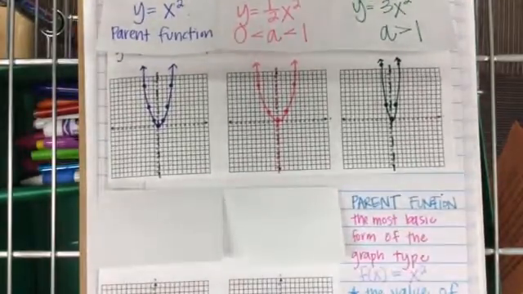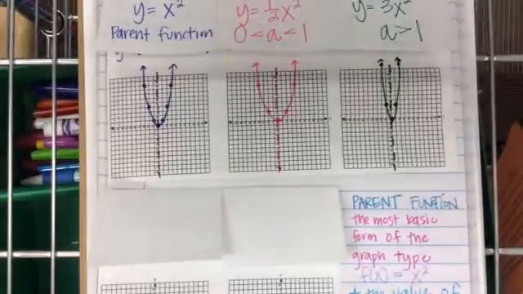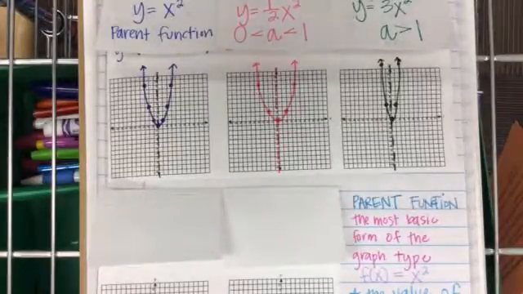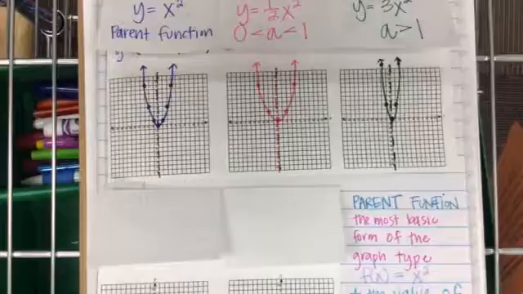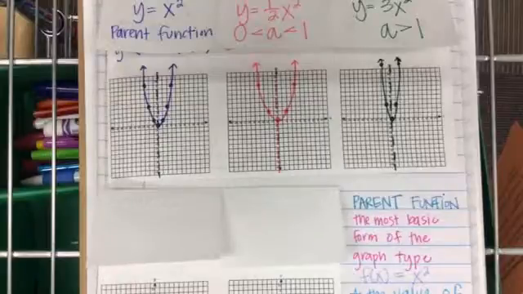What's something else you think we could change about the graph or the function? We can move it around. The axis of symmetry moves the parabola which way? The axis of symmetry moves the parabola horizontally, left to right. So we already know that the B value determines where it goes. The B value determines left to right.